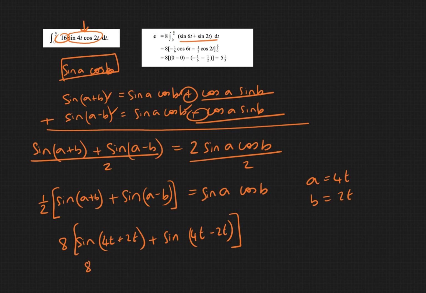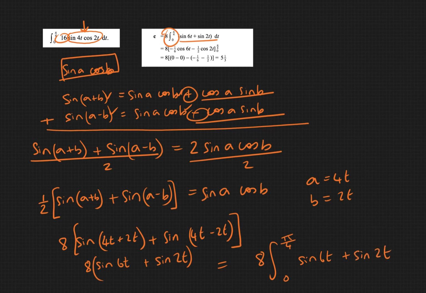So 8 times sine 6t plus sine 2t. We can take the half out because it's a constant. Because we're doing an integral here, if you look at the limits, this will be 8 between pi over 4 and 0, turn it to radians, remember, so we're going to integrate sine 6t plus sine 2t.